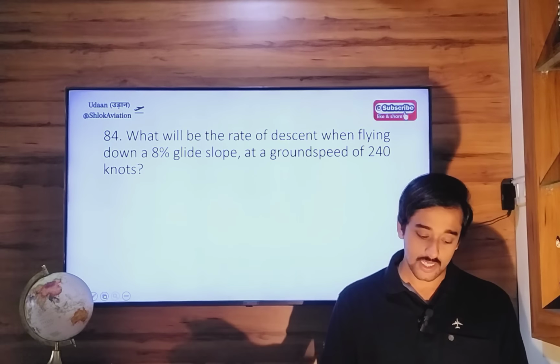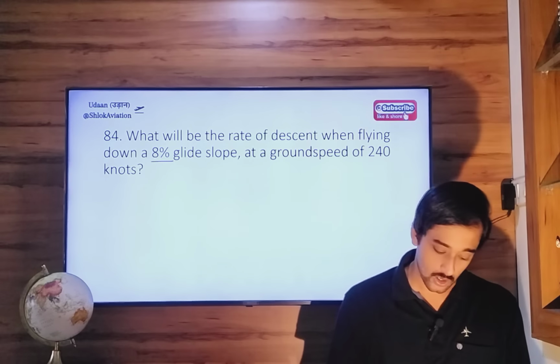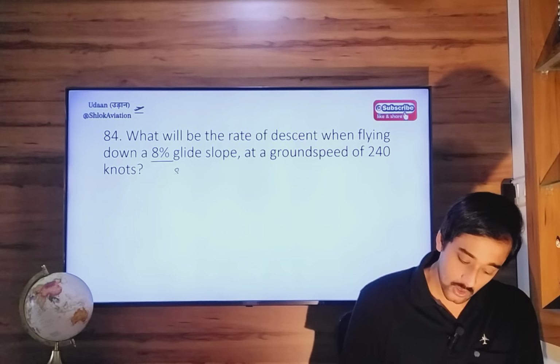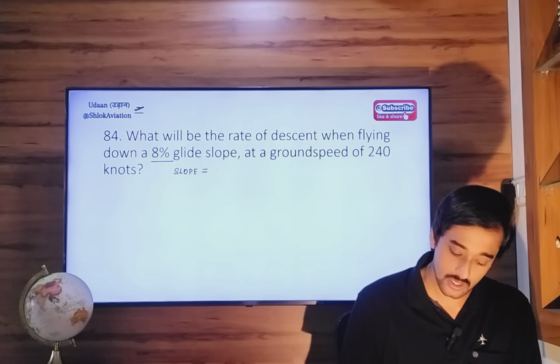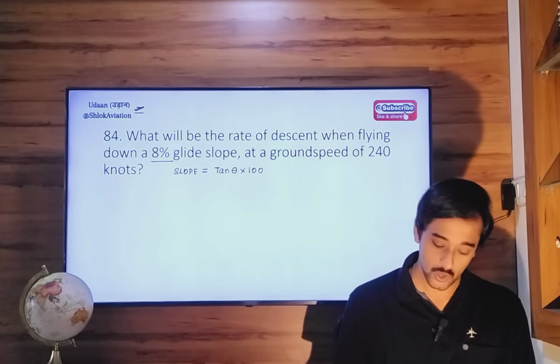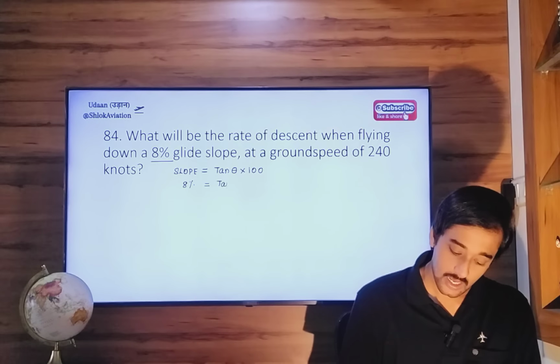What will be the rate of descent when flying down an 8% glide slope at a speed of 240 knots? So glide slope in terms of percentage equals tan theta into 100. So 8% will be equal to tan theta into 100.